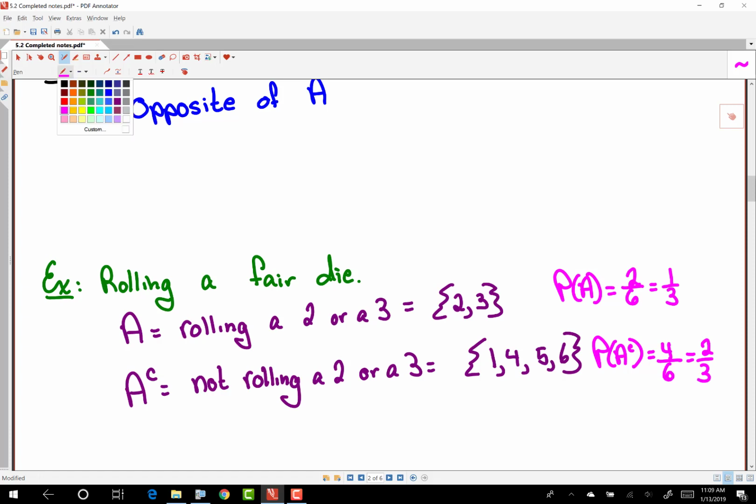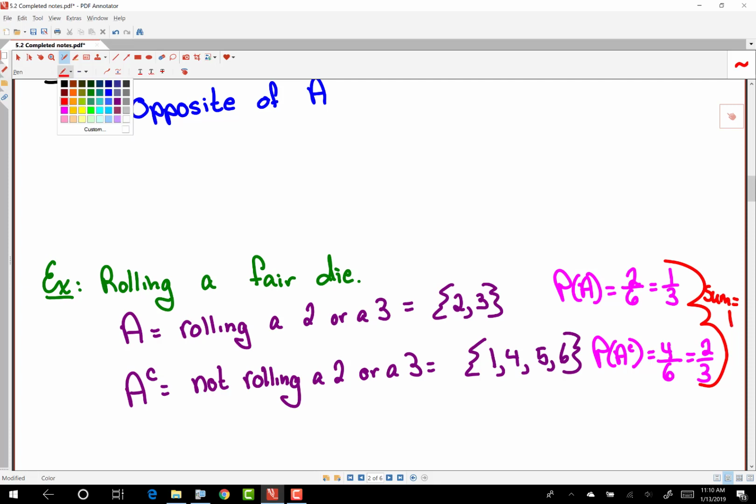And notice that these two probabilities of the complements, if you add them together, 1/3 plus 2/3 is 1. So the sum is equal to 1. And that will always be true when you're dealing with an event and its complement.